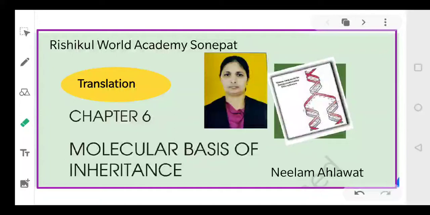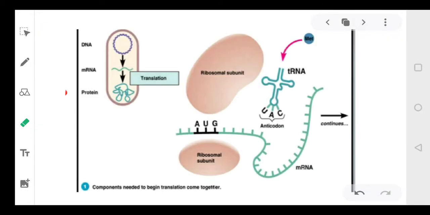translation. Now before we start this process, we must understand the terminology that we have used in the last video. Let's recapitulate what we have done. We know students that DNA can produce DNA, and that process is called replication.